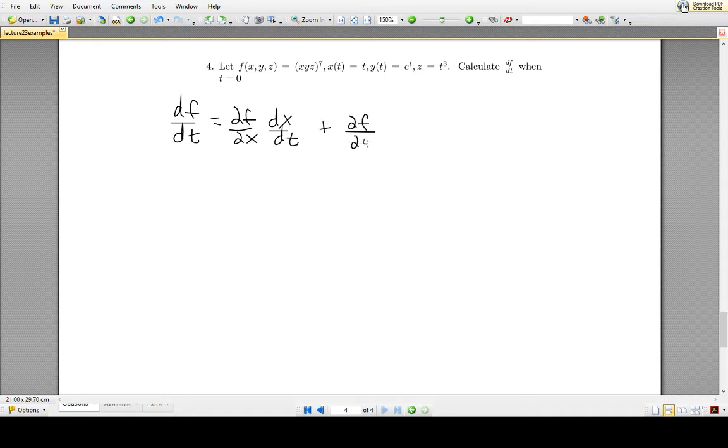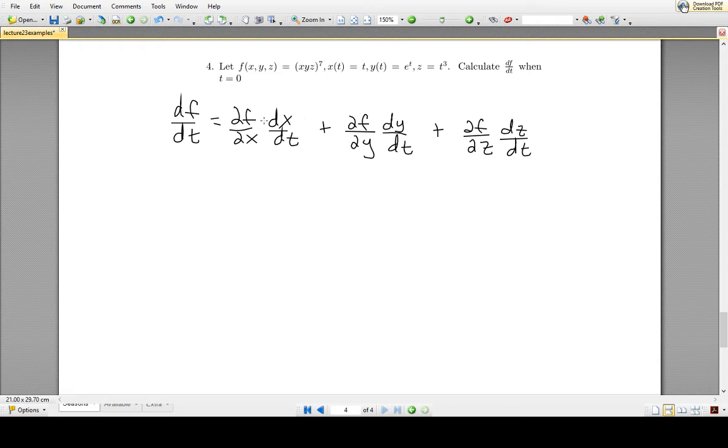However, f also depends on y, so we need to know how much the function f is changing with respect to t because of the contribution through y, so that's this term. And then finally, because f also depends on z, we would like to know how much f is changing with respect to t, because of the fact that f depends on z and z depends on t. So these are the three contributions from x, from y, and from z.